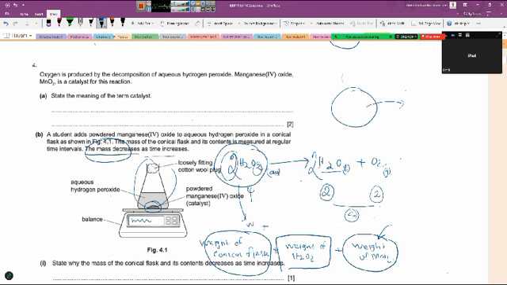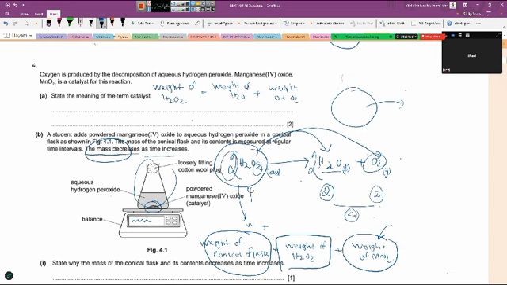But at the end of the reaction, what happens? It transforms to H2O and O2, right? So now you can tell that the weight of the H2O2 is equal to the weight of the water plus the weight of oxygen gas.